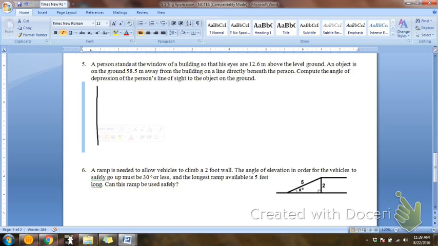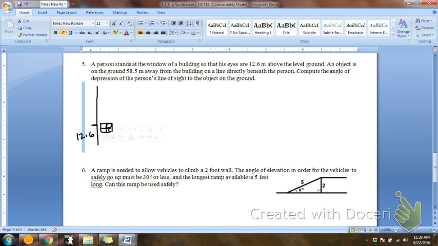Here's my window. The person's inside the building. From the ground to the person's eyesight is only 12.6.